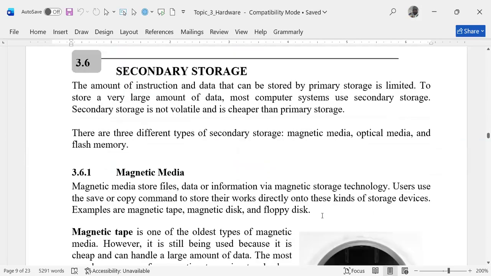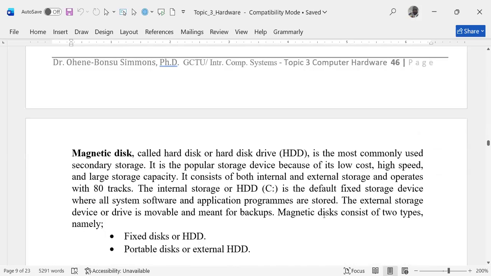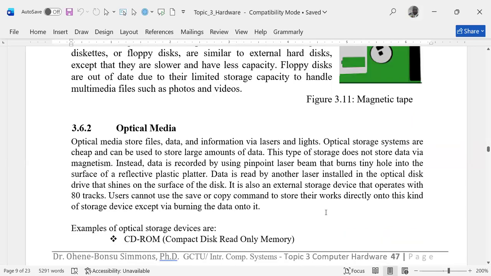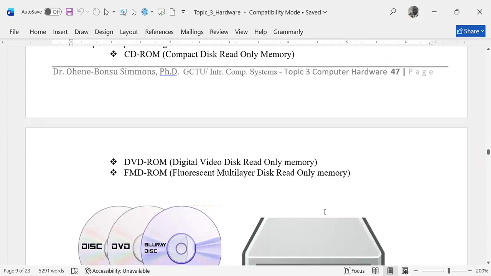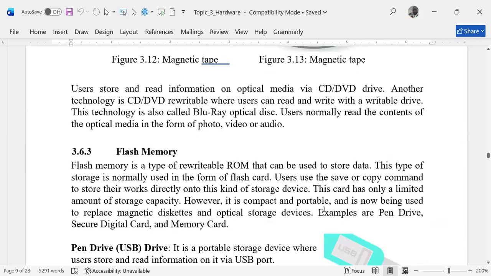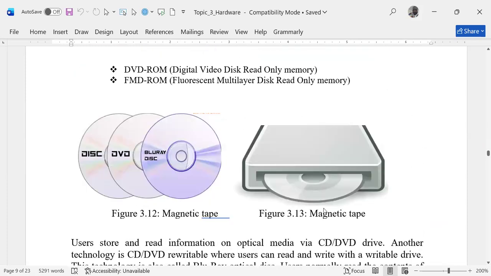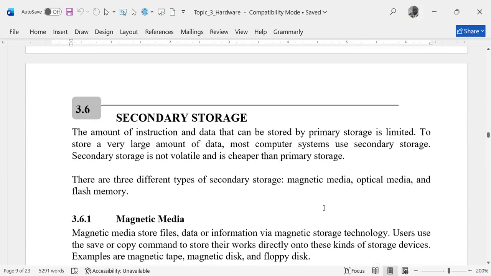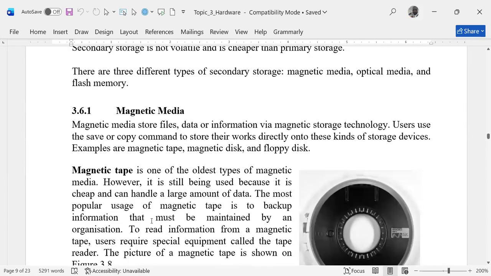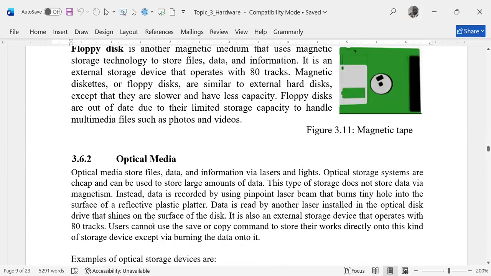The secondary storage here has different categories. One is magnetic medium, the next is optical medium or optical media, and then flash. Magnetic media consists of magnetic tape, disk, and floppy disk.